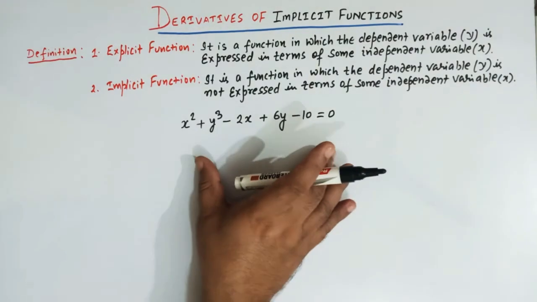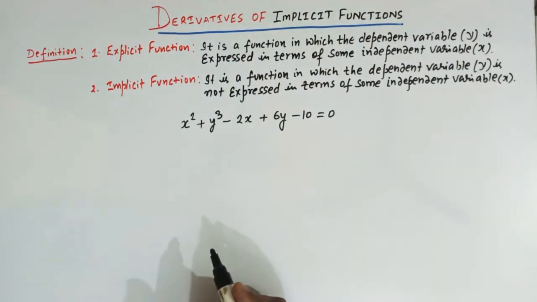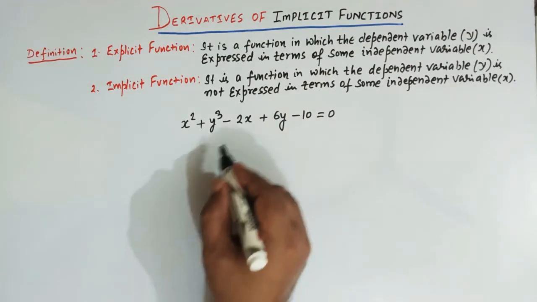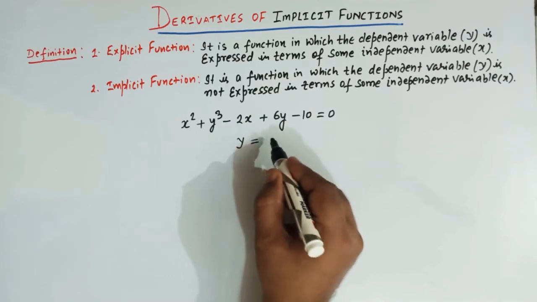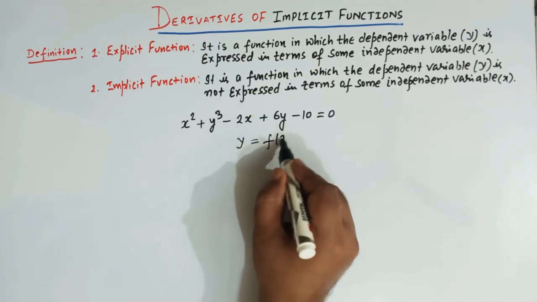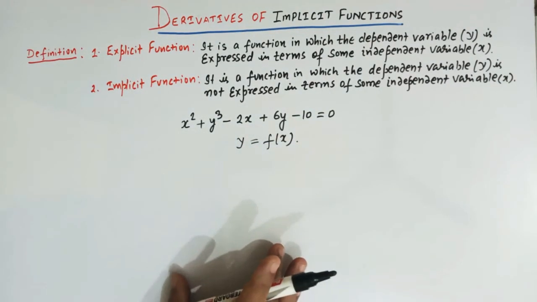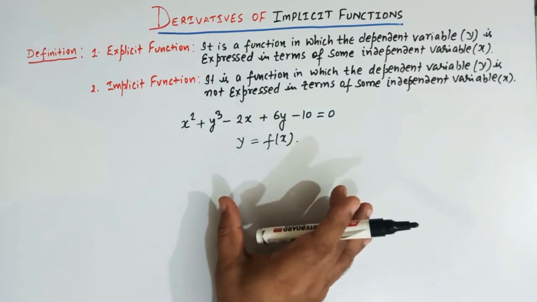Now if we look at this expression, then we can easily see that y cannot be expressed as y equal to f(x). So such expressions are known as implicit expressions, right?